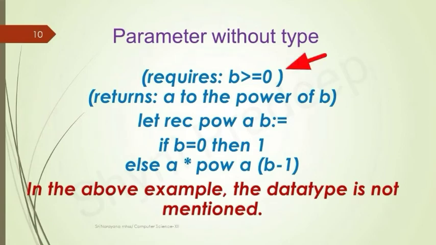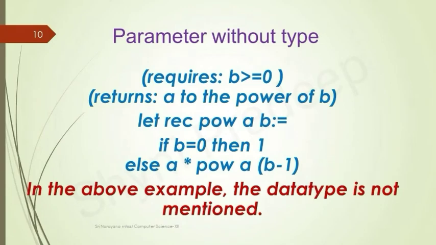In this code, b >= 0 is the precondition and a to the power of b is the postcondition. Let is a keyword. Rec means recursive, because in this code we used a recursive function. And next, an if condition is given. If this condition is true, then it returns the value 1. Otherwise, it will execute the expression a * a to the power of b - 1.